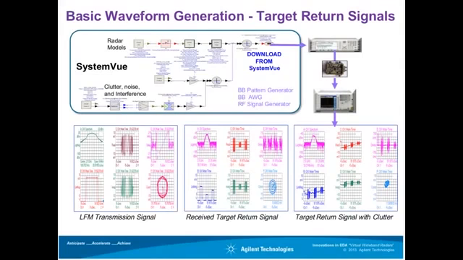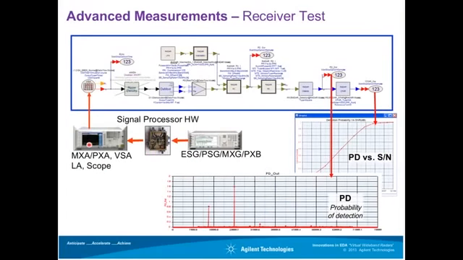So that's the point. We can use this in two ways. Firstly, we can use the simulation to generate a group of signals, then download them to hardware, test the DUT, and use a signal analyzer or scope to observe the waveform. Then we have a second way to use it. The observed waveform can be captured back into SystemVue using the VSA source to do simulation analysis, to extract more information.